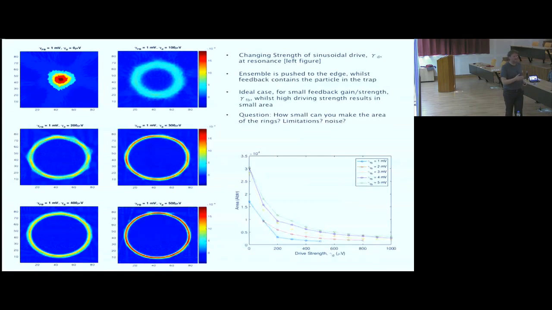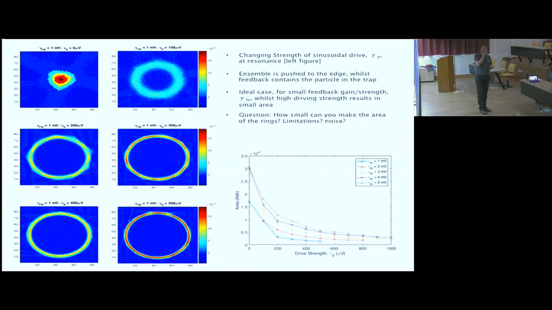Of course, and not surprisingly, what you find is that you are limited, at least at the moment, by the same noises and the same limitations which prevent you from going, in the original configuration, to a small state in the center. The area of the ring is proportional to the temperature or the mean energy of the motion in that direction, depending on the driving strength, which is the heating by which you heat the population from the center into the ring.